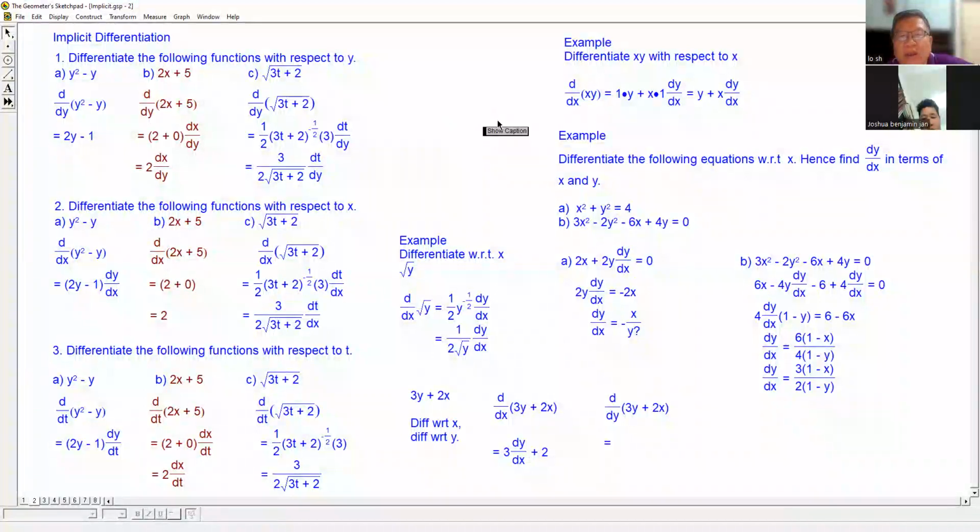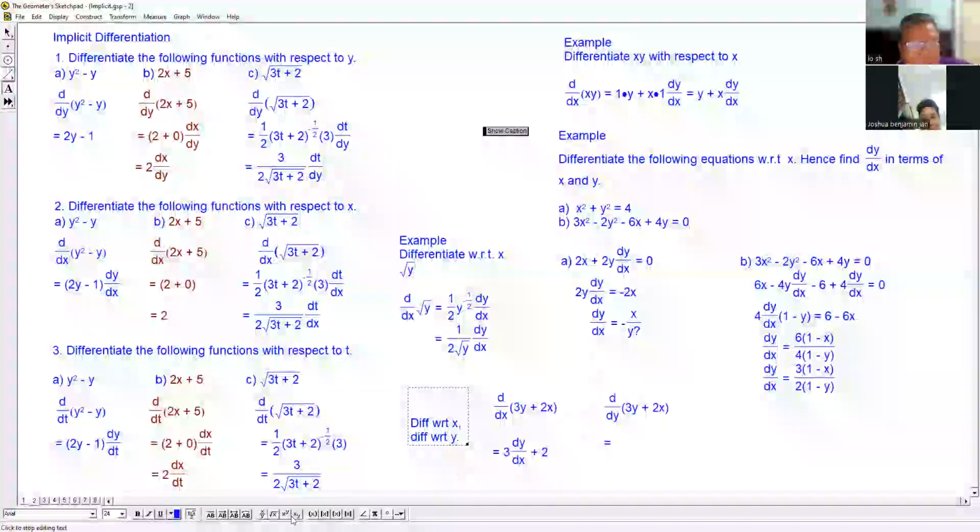I think it's y cube. Y cube, you're going to do the same thing.